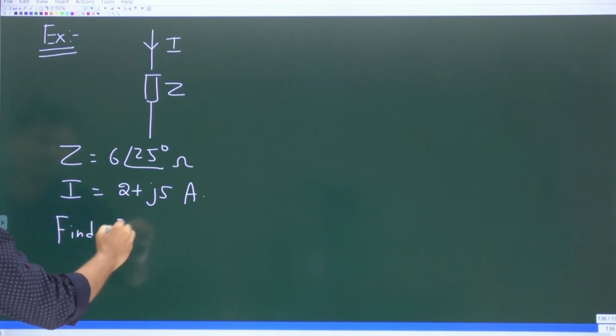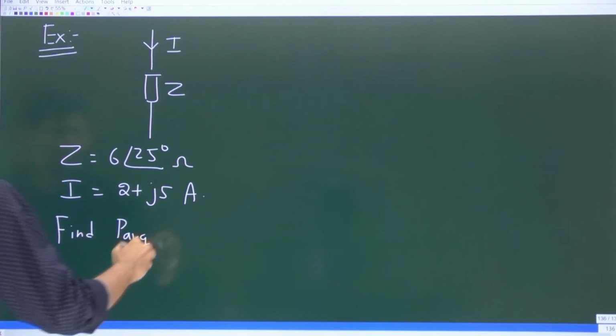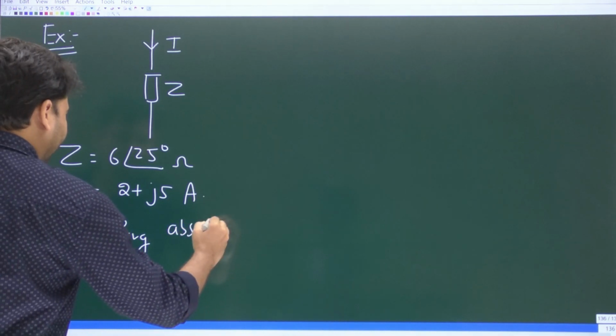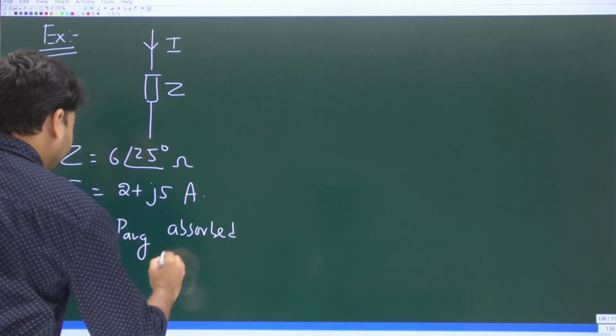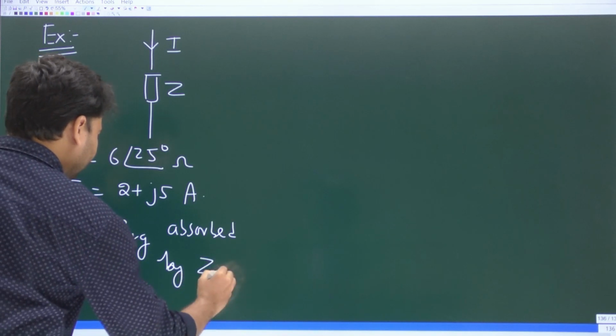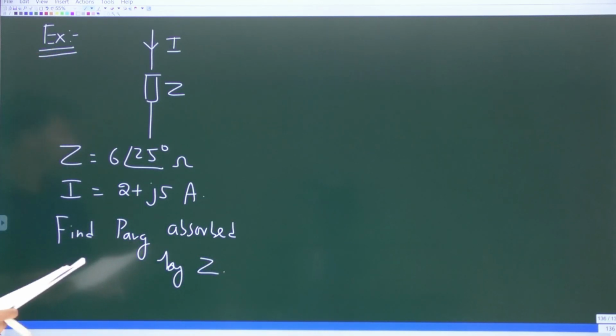You have to find the average power absorbed by Z. Just quickly type your answer in the chat box. It's very simple. The impedance value is given, the phasor current is also given. What is the average power absorbed by Z?